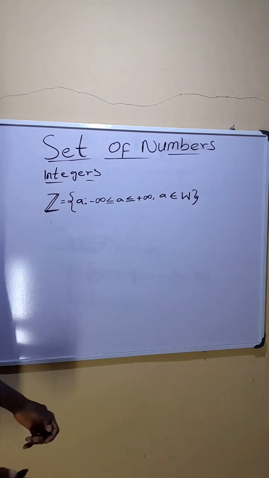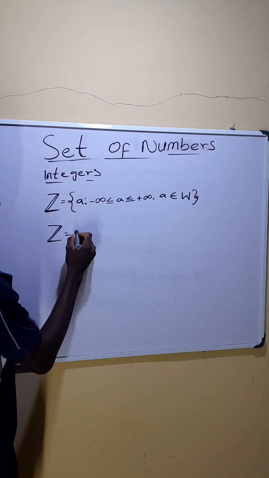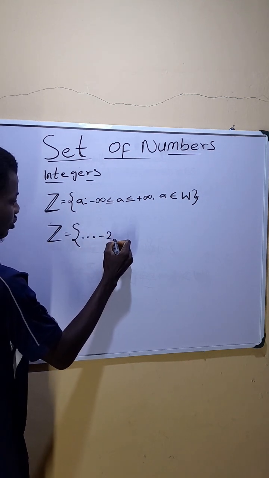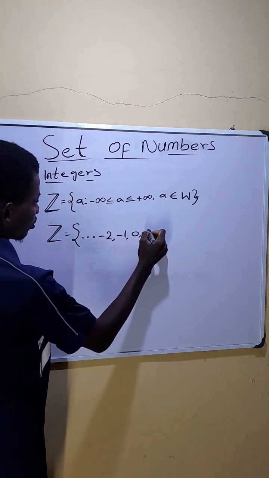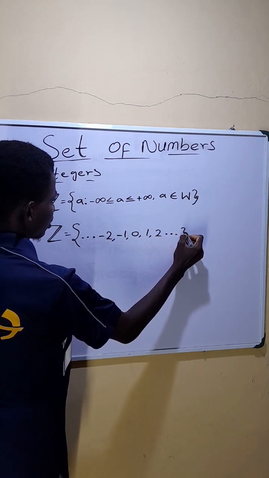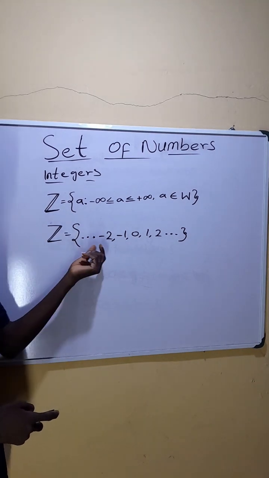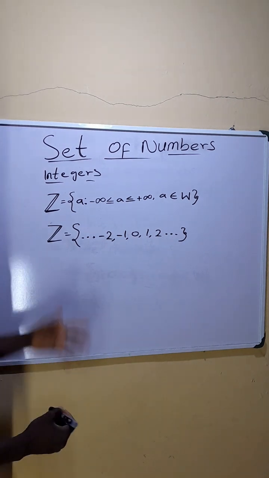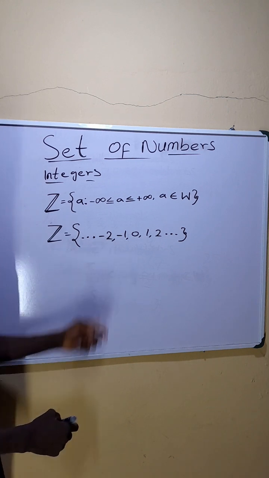We can also say that integer is minus 2, minus 1, 0, 1, 2, and so on. Now, this shows that the integer starts from negative infinity to positive infinity. So, this is all about integers.